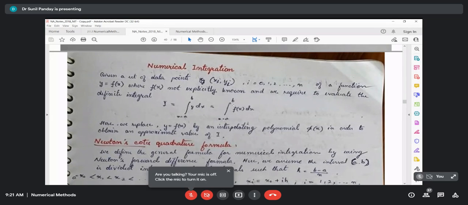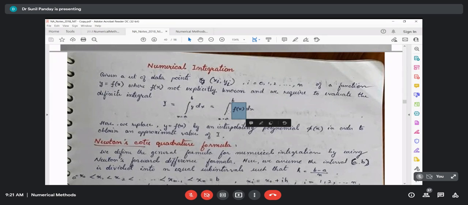The second case is that you know the value of f(x), but you have to find this integration numerically, because sometimes it is too difficult to integrate this known function f(x). So we want to calculate the integration numerically instead of trying to find the solution analytically.